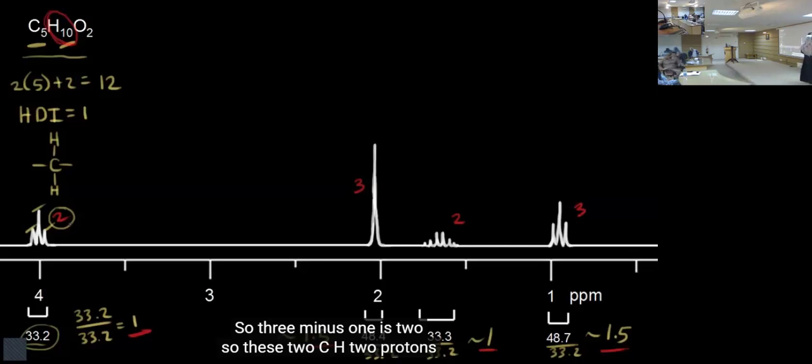Yes, it can be like this, or CH3, because of the two oxygen atoms. So we've been able to talk about the three proton singlets. We have two proton sextets, which is like CH2 surrounded by 5.